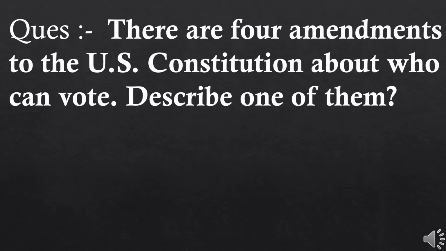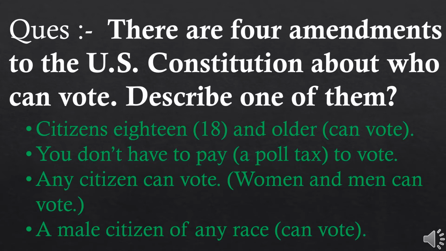Question 63. There are 4 amendments to the U.S. Constitution about who can vote. Describe one of them. Citizens 18 and older can vote. You don't have to pay a poll tax to vote. Any citizen can vote. Women and men can vote.